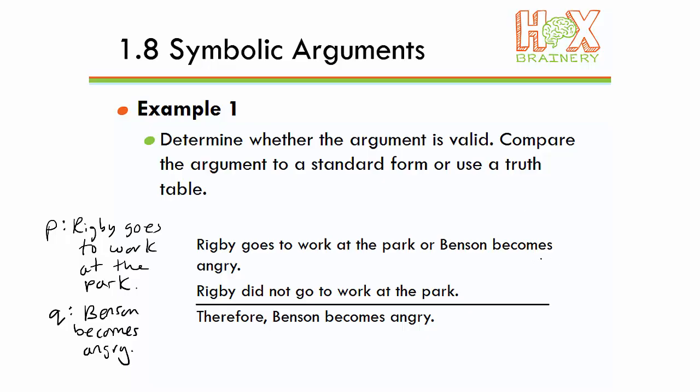So your first premise here is just P or, so disjunction, Q. And then your second premise is Rigby did not go to work at the park, so that's not P. Then you have your horizontal bar that therefore gets replaced with the 3 dots, and then Benson becomes angry, which is Q. So that is the symbolic form for this argument here.